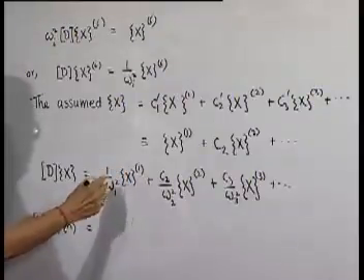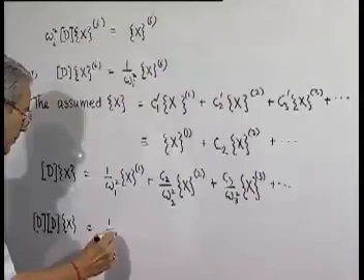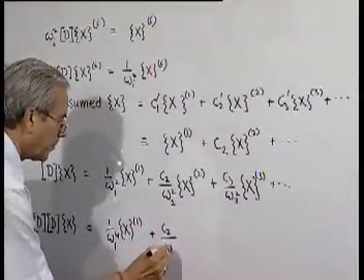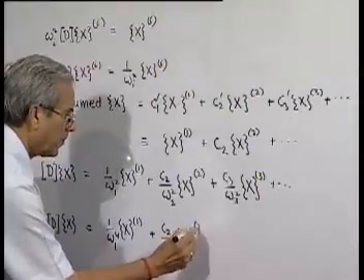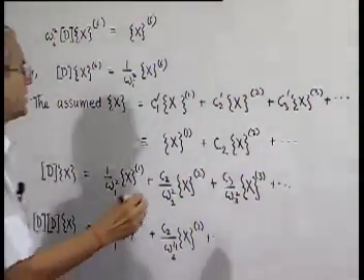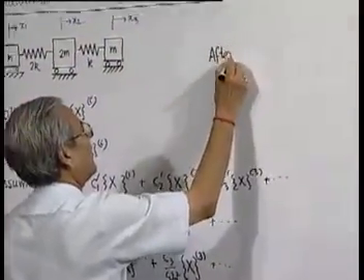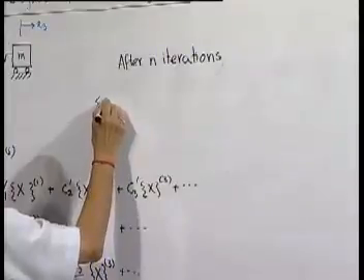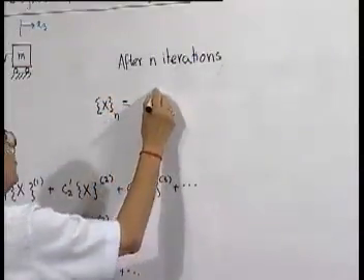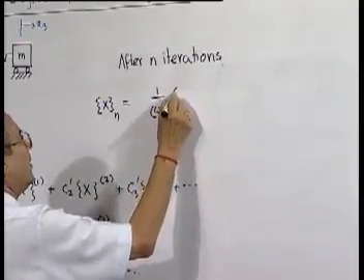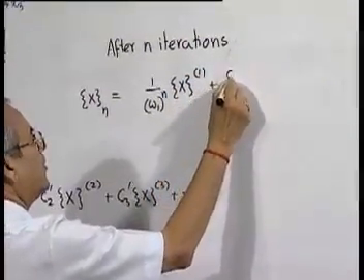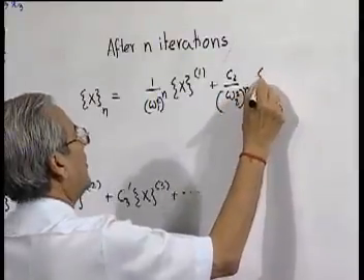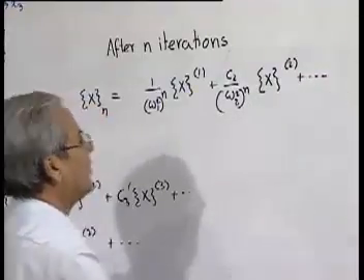Again when I pre-multiply x1 by D, this term will become... so after n such iterations, say, we will get 1 by omega 1 to the power n, and so on.